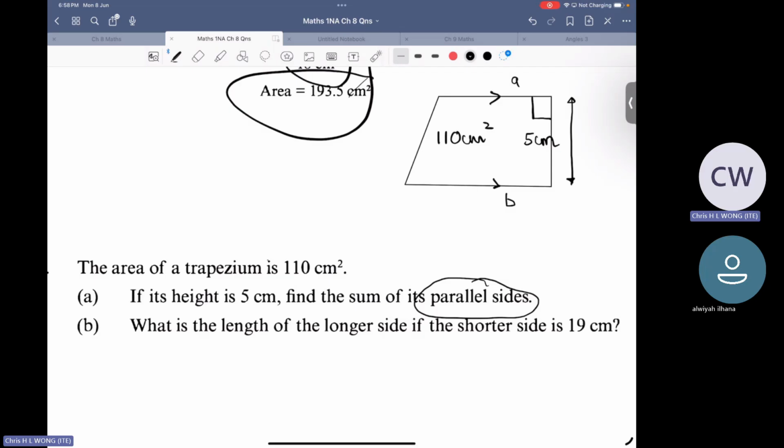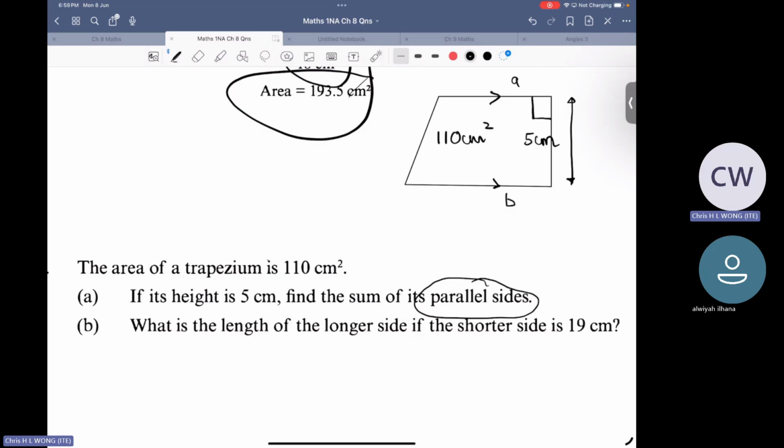I've given you the area and the height. You're supposed to find the sum of the parallel sides. What do you mean by the sum of the parallel sides? A plus B, right? You're finding the total, adding together. You don't need to find what A is, you don't need to find what B is. You just have to find A plus B.